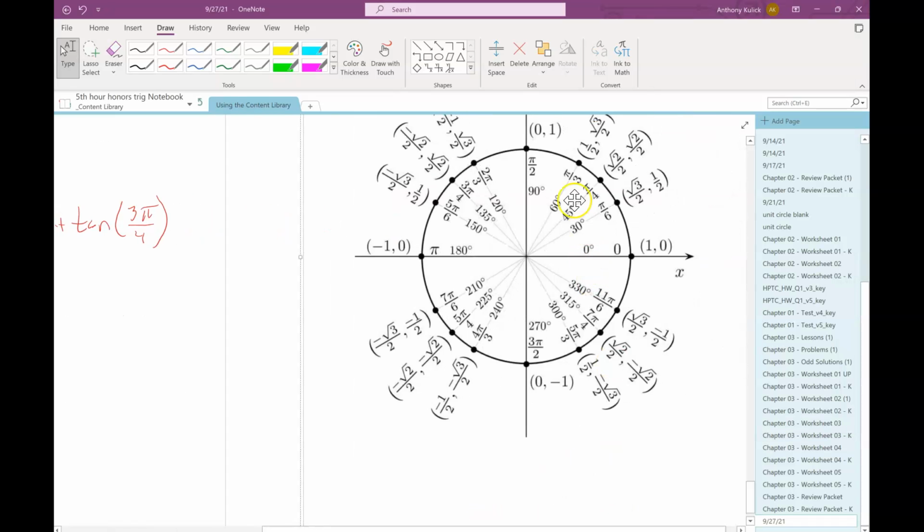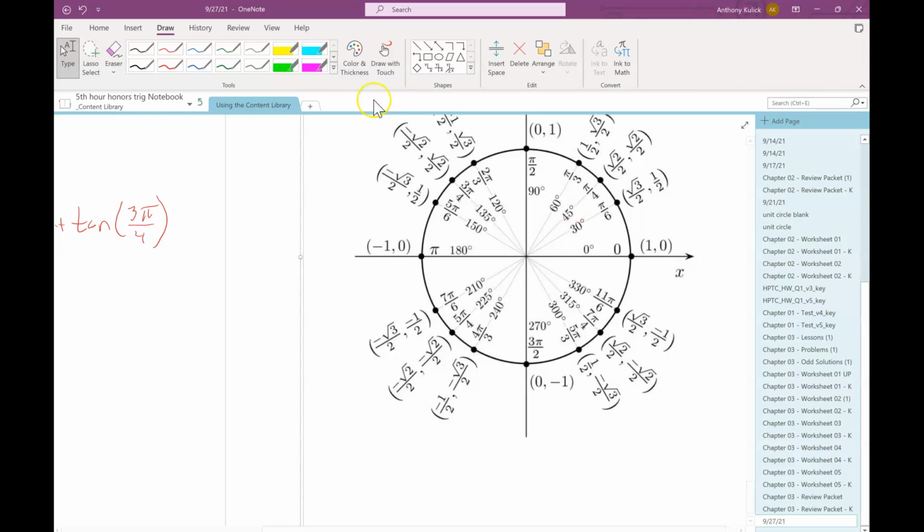Yes, you could, and you'd end up at the right spot, but you'd have to be careful to make sure you're going clockwise instead of counterclockwise. I'd rather make sure everything is between 0 and 2 pi. That way you can just find it on the unit circle and I don't have to worry about which way I'm spinning around. Does that make sense?